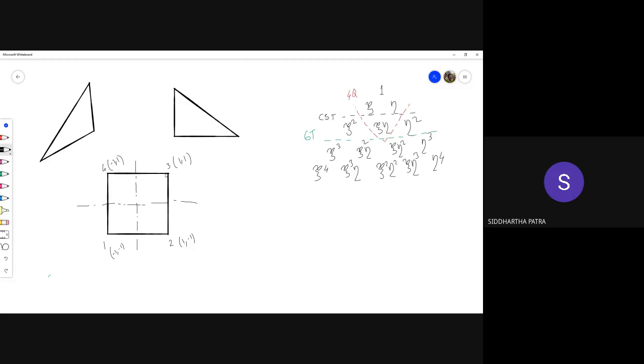So these were the coordinates of the four-noded quad element. What we had seen is that a four-noded quad element is essentially a bar element in the xi direction multiplied by a bar element in the eta direction.